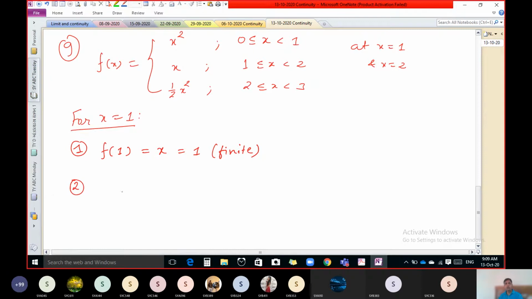Now here we have to find out two limits, left hand side and right hand side, because it's not like the previous question. Here x not equal to 1 is not given. Okay, so let us find out the left hand side limit. That means 1 minus. Once again, any of you, what is the meaning of x tends to 1 minus?